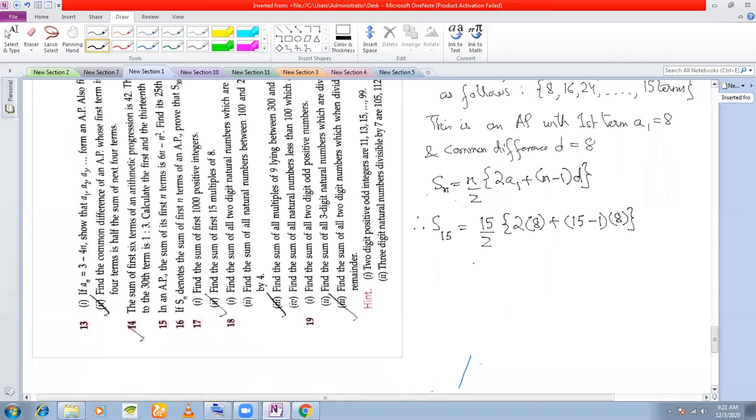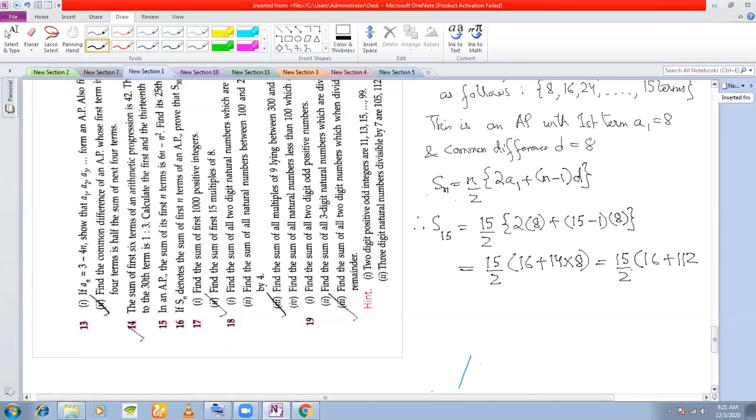That's it. This is the sum of the first 15 terms. Simplify and you'll get 15 by 2, 16 plus 14 into 8. And how much is 16 plus 14 into 8?